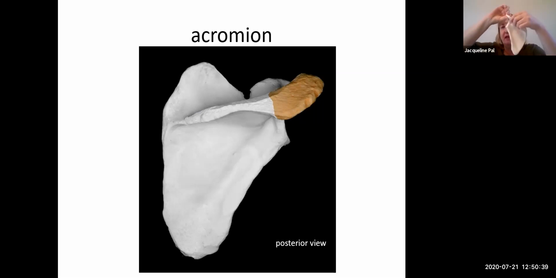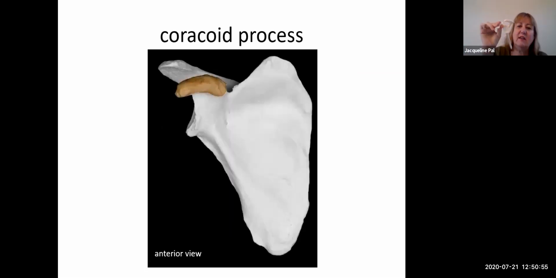Now, if you look at this scapula from this end, what you'll notice is not only do we have the acromion here, but we also have something else sticking out over there. And that something else that is sticking out is called the coracoid process. And the coracoid process is not attached to the spine of the scapula at all.